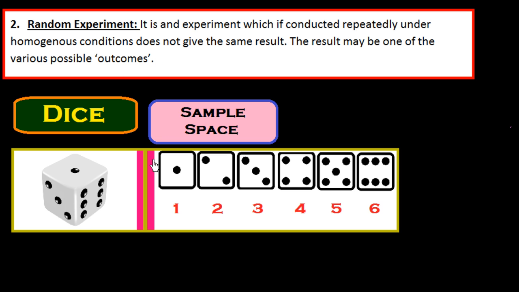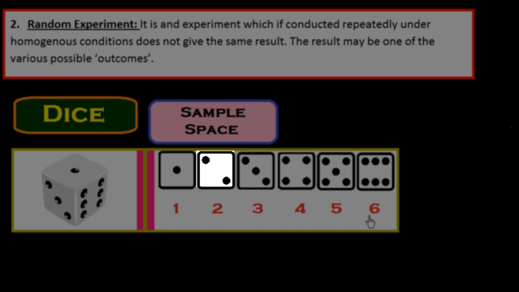Look here, if we throw a dice, we get outcomes 1, 2, 3, 4, 5, 6. But we can't say we always get 4, or that this time we get 3. We could get any particular outcome randomly. That is not in our hand. It comes randomly because we are conducting this experiment under homogeneous conditions.